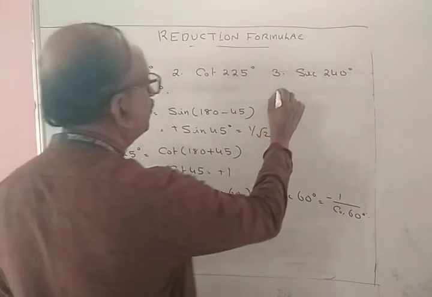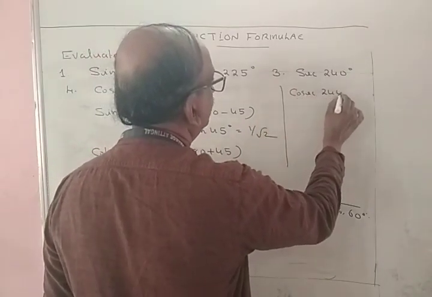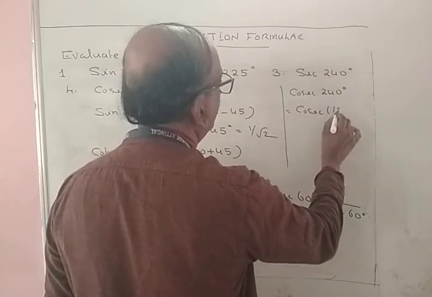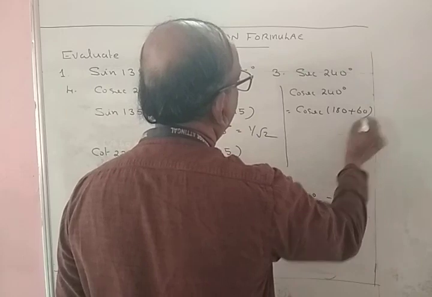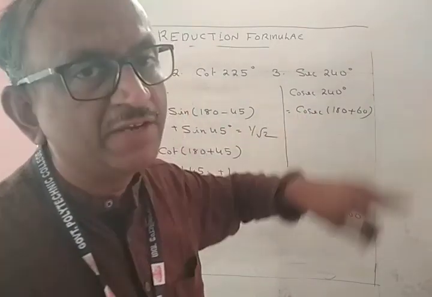Next, cosec 240. It can be expressed as 180 plus 60. Cosec 240 is cosec 180 plus 60.